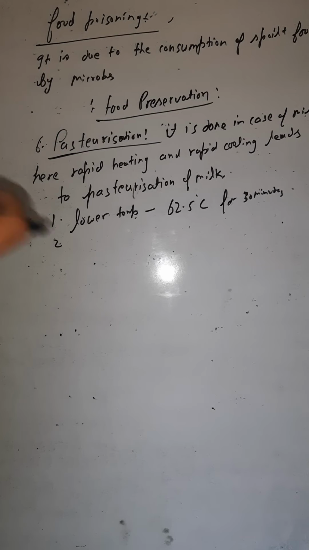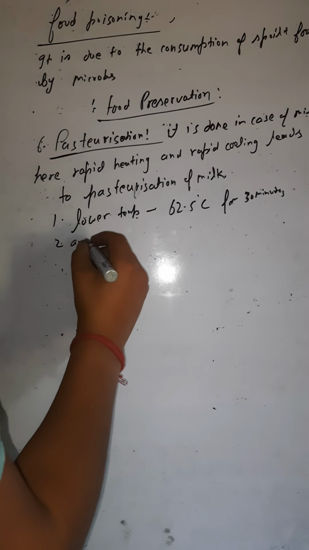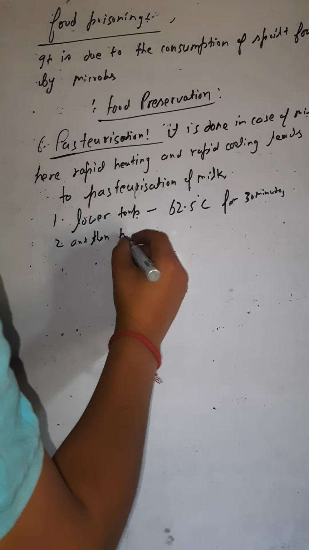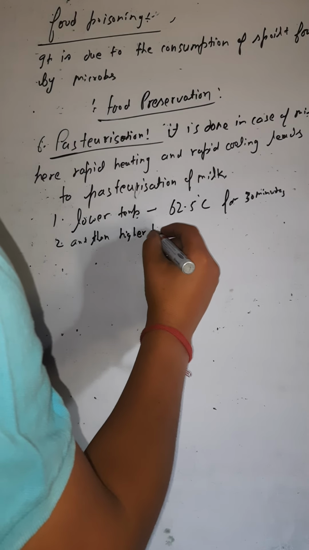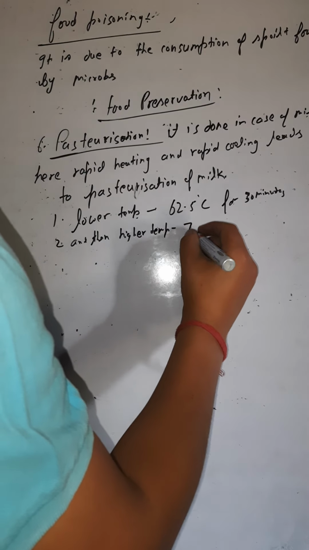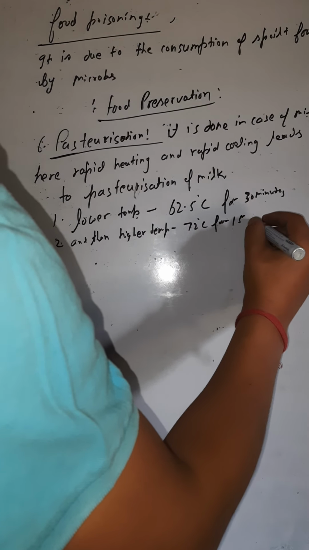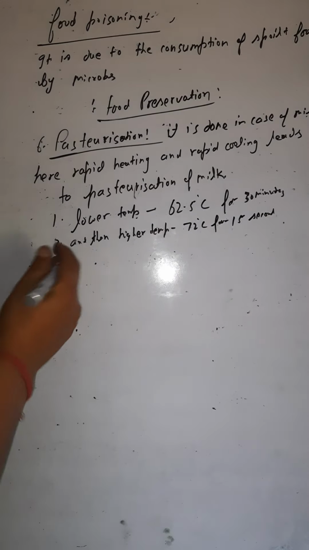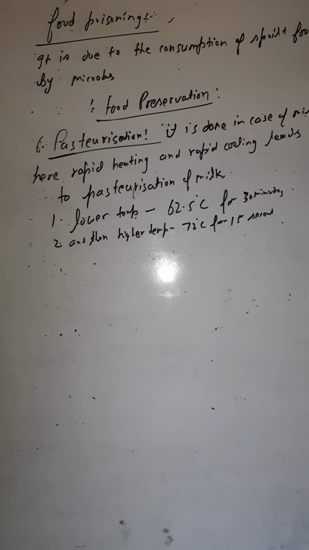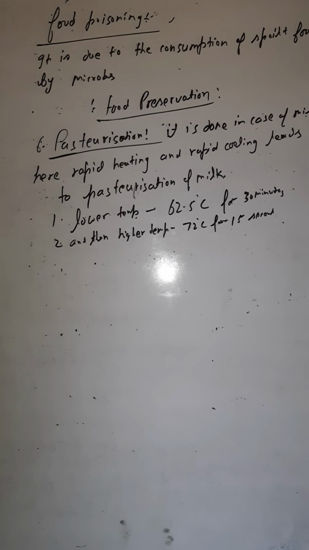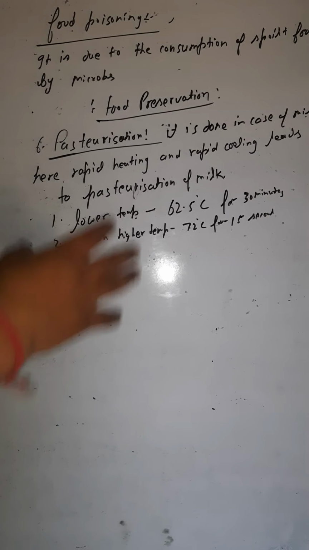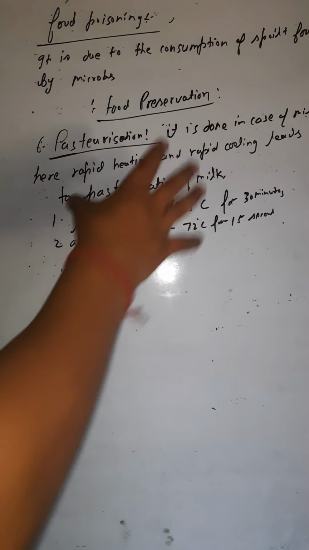Then the higher temperature is around 72 degrees Celsius, and it is for 15 seconds. So you can see the higher temperature is for a short duration and the lower temperature is for a long duration.